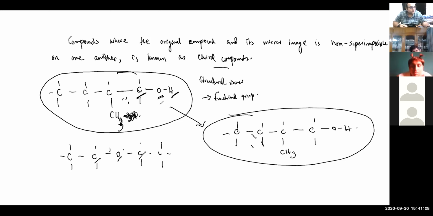I first gave a definition: they have the same molecular formula and the same linkage. The atoms will have the same linkage. But the only difference is a different arrangement of atoms in space. Their 3D arrangement will be different.